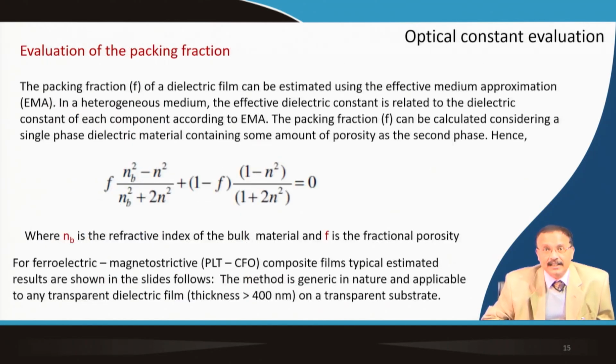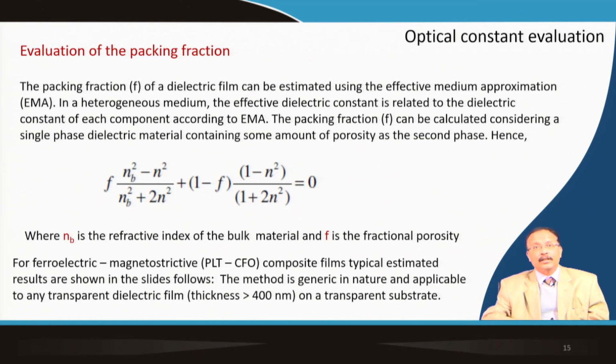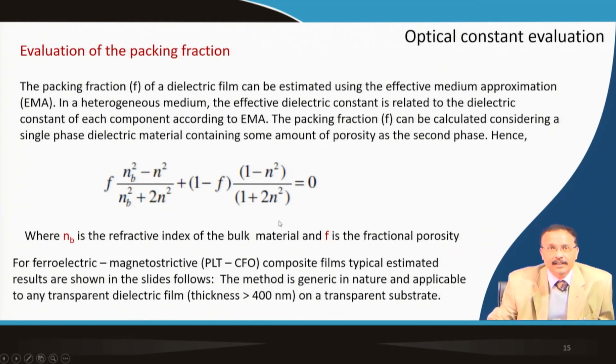Finally, the packing fraction, that means how much porosity is there inside the film, that also can be estimated by this simple relation. And here we have assumed an effective media approximation.